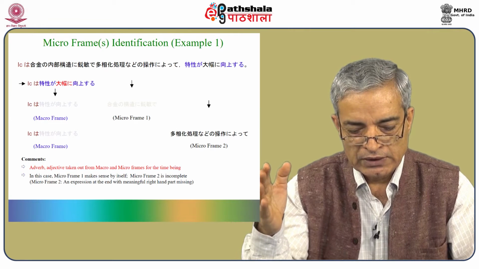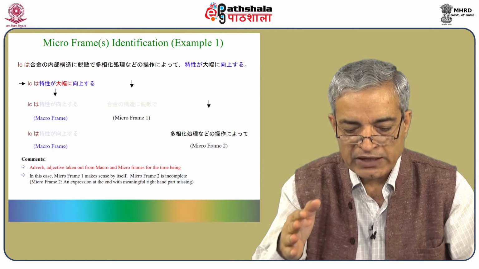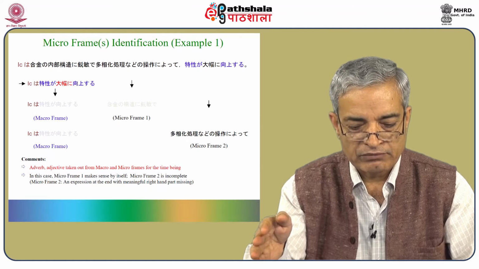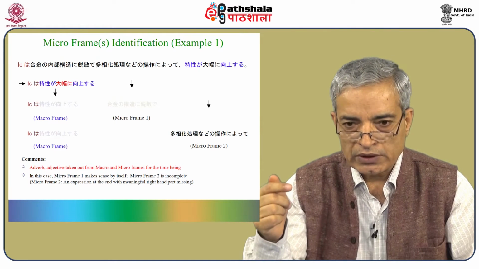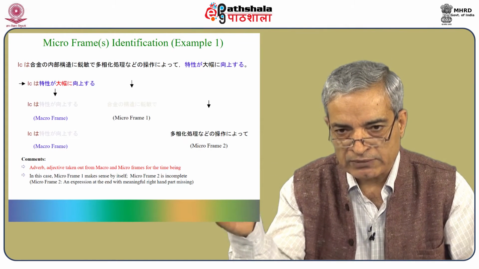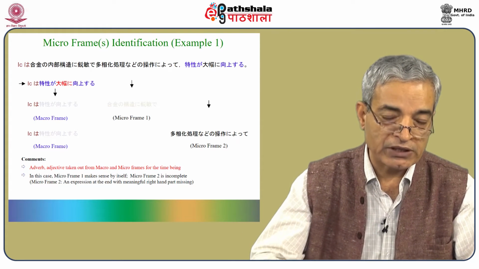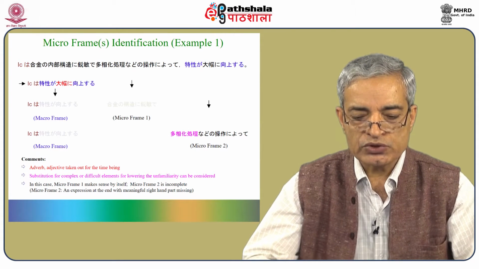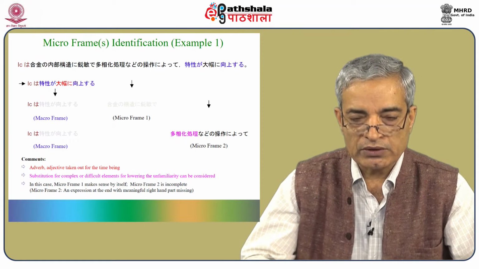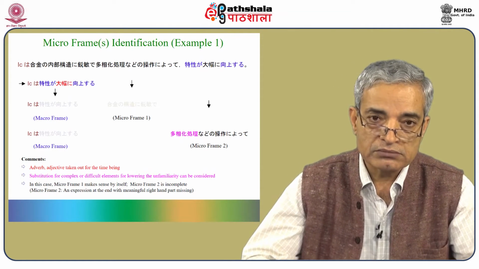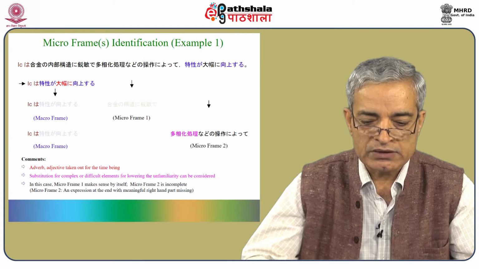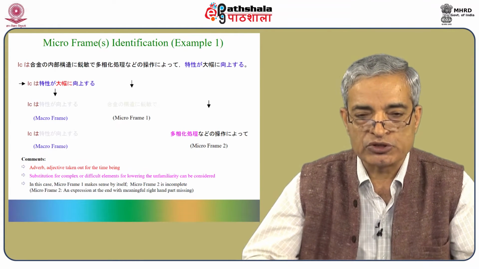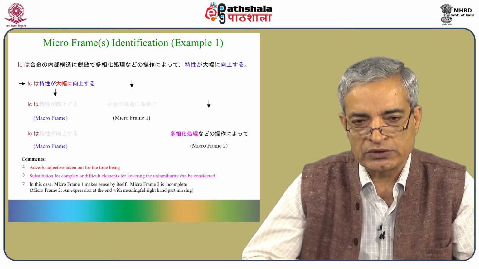If we see here, microframe 1 makes sense by itself. Microframe 2 is incomplete. Ni hote should have something further, so it is incomplete, but ni hote itself is an expression. And in this also, Tasoka Shori Nado, if you find Tasoka Shori difficult, you can remove it and substitute it with something, and that substitution can be A Nado no Sosa ni hote.